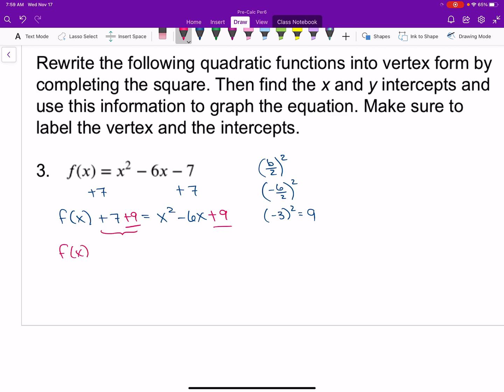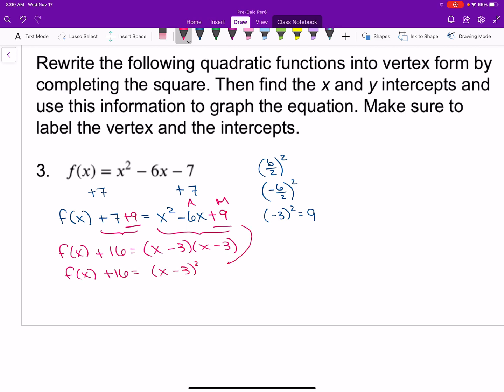So now the left side, I can combine like terms and get 16. The right side is that perfect square trinomial, so I'm going to factor it now already. Adding to -6, multiplying to +9, is x minus 3, x minus 3, which is just x minus 3 squared.